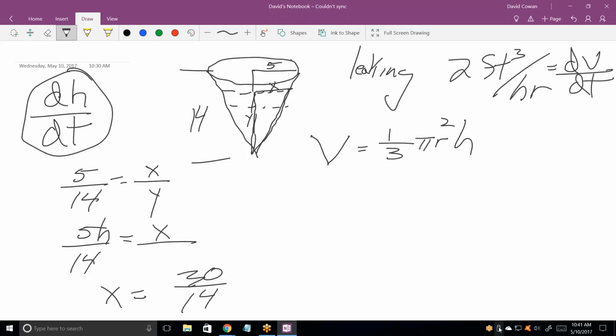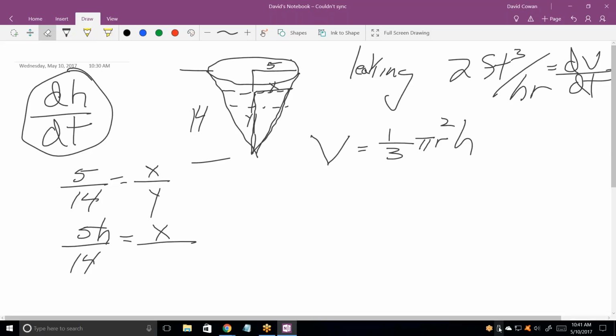In other words, x is equal to 5y over 14, where y is h, the height of the water. So now I'm going to plug that in. Okay, so it's 5h over 14 equals x, r in this case.